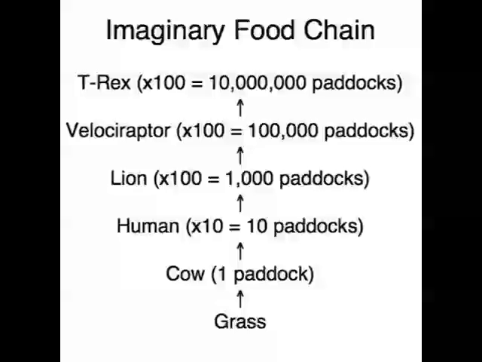So if we've got one single T-Rex, and it eats 100 velociraptors, and each single velociraptor eats 100 lions, and each single lion eats 100 humans, and each single human eats 10 cows, and each single cow needs to have one paddock of grass to survive on for a year. All of that would mean that to have one single Tyrannosaurus rex surviving for a year, you'd need to have 10 million paddocks of grass for one single T-Rex.